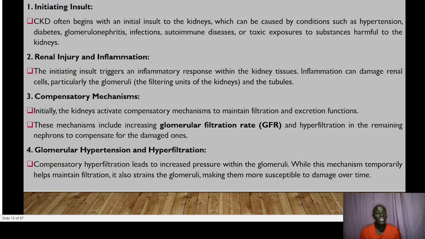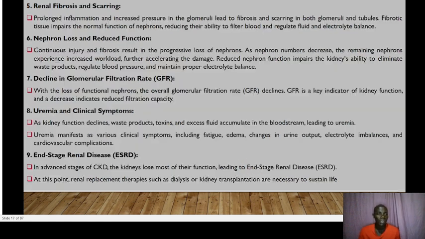These mechanisms include increased glomerular filtration and hyperfiltration in the remaining nephrons to compensate for the damaged ones. But remember, compensatory hyperfiltration leads to increased pressure within the glomeruli. So while the mechanism temporarily helps maintain filtration, it also strains the glomeruli, making them more susceptible to damage.